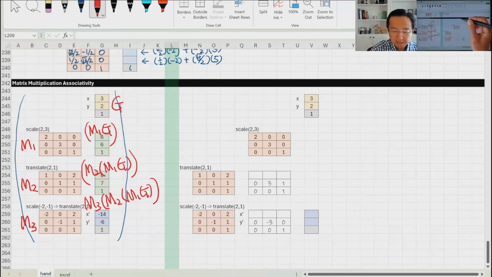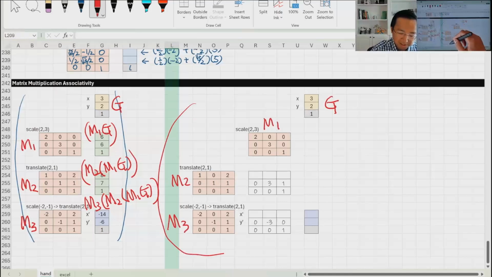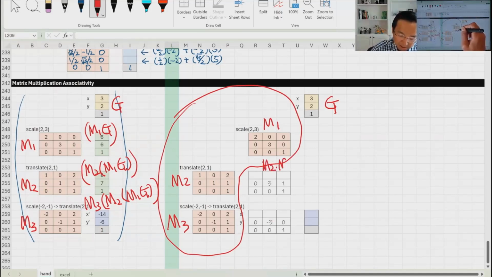But it turns out with associativity of matrices, suppose we have this M1, M2, M3. Instead of multiplying one by one, what if we multiply all these 3 together and get this thing? So how does it work? First we have M2 times M1 here.